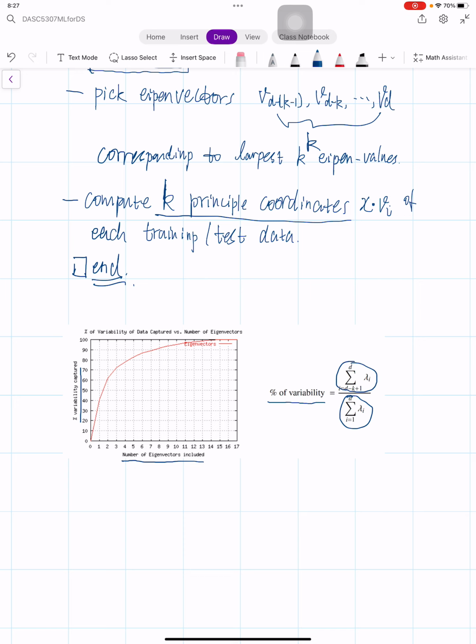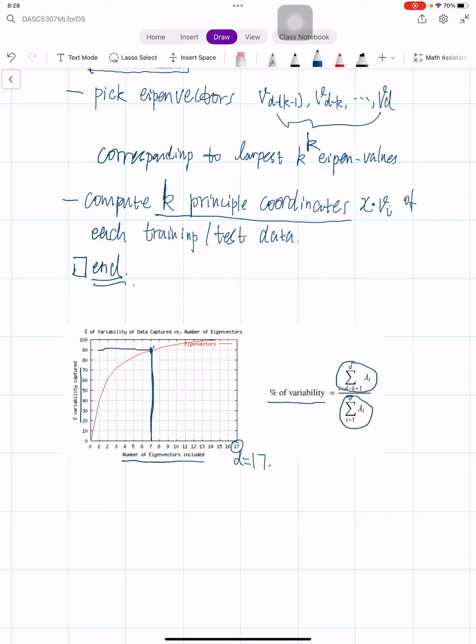In this example, we have up to 17 features. Up to the seventh, if you include 7 features, your principal space could capture up to 90% of the variation.